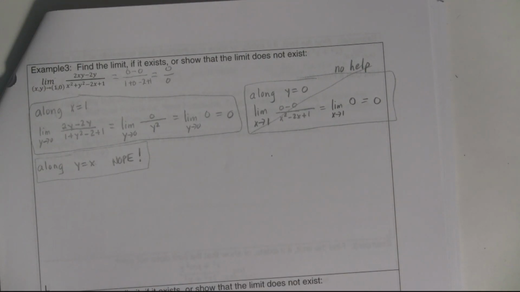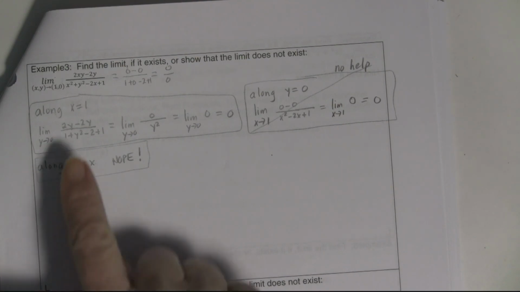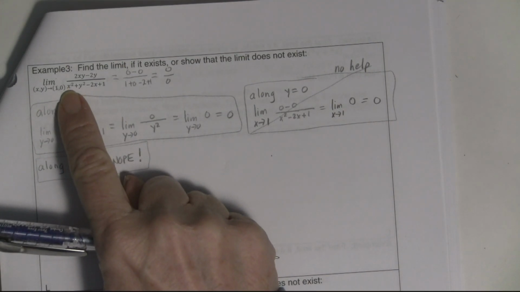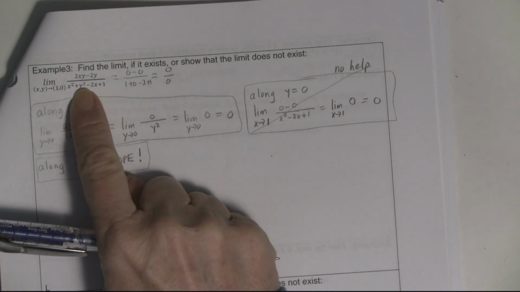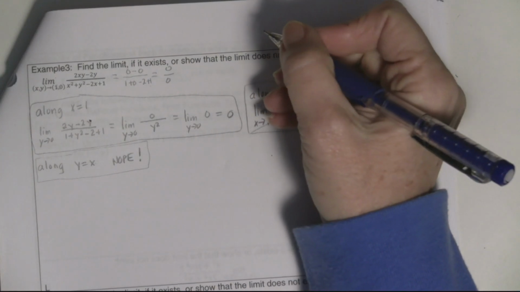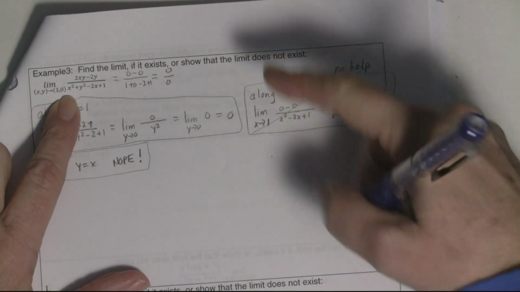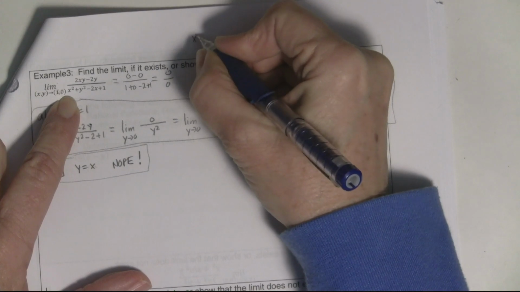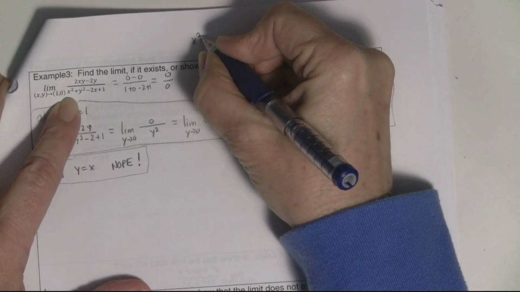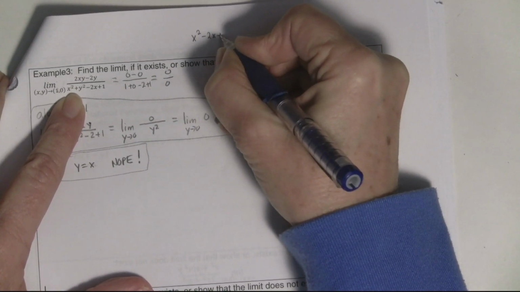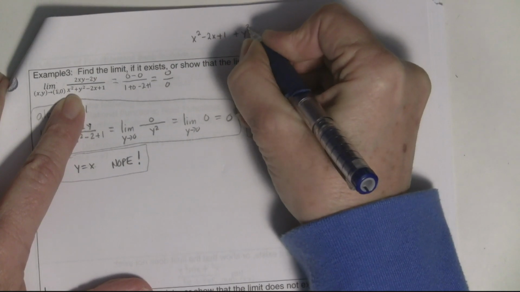And that was what I sort of noticed, and started asking myself, well, if that part right there factors, right? So just looking at what I have down there, because this was when y squared was 0, can you see what I'm writing? X squared minus 2x plus 1 plus y squared.